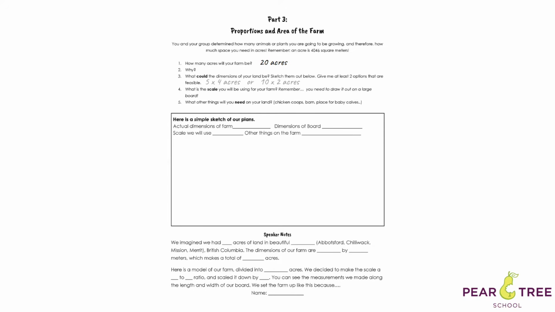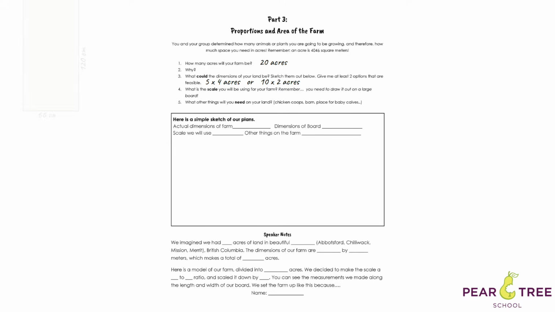They'll be thinking in terms of their multiplication that you can do 5 times 4 or 10 times 2, or an extreme would be 1 times 20. And they can obviously do somewhere in between if they feel comfortable and can make something more in proportion to the board size. But I think these two numbers here are the most logical numbers that they would come up with, and they would probably choose something like 5 by 4, which we're going to go with for the purposes of this exercise.